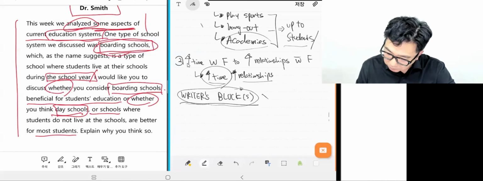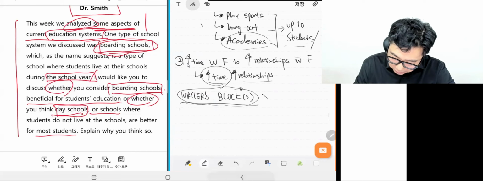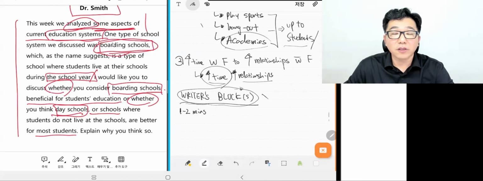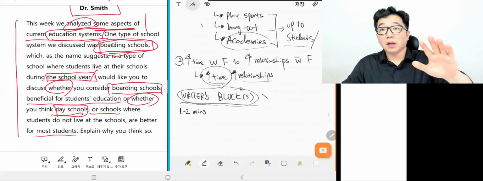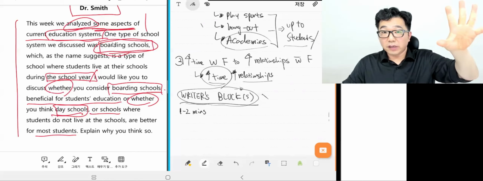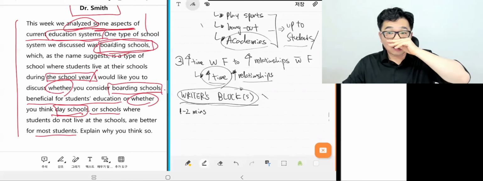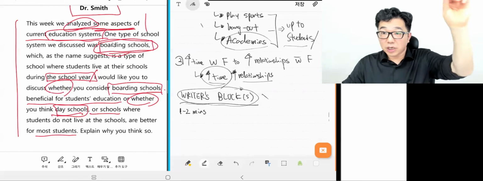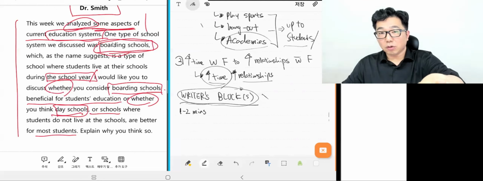So my suggestion, if you read everything in 1 minute, that would be tremendous. But let's be conservative. Obviously we don't read all the left side of this prompt, just the subject, and then we read the professor's prompt.